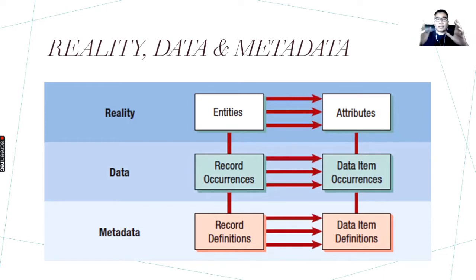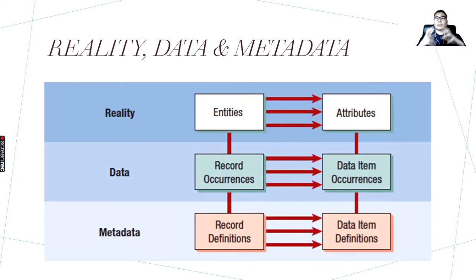Each student represents a row or a record, while each row has what we call data values or data item occurrences. So each member of the entity, for example student A, will have data item occurrences such as his name, which is A, and then his address, which is somewhere, and so on.